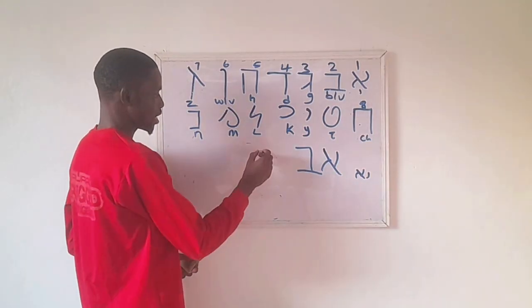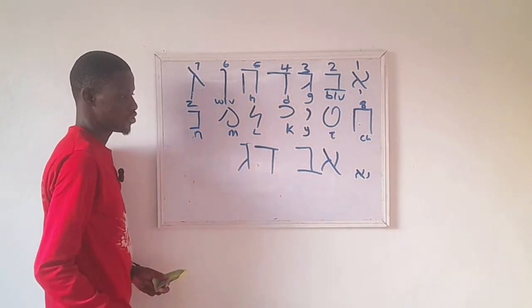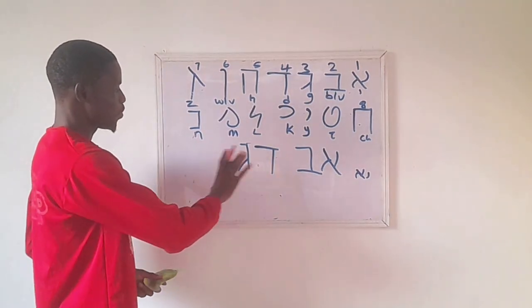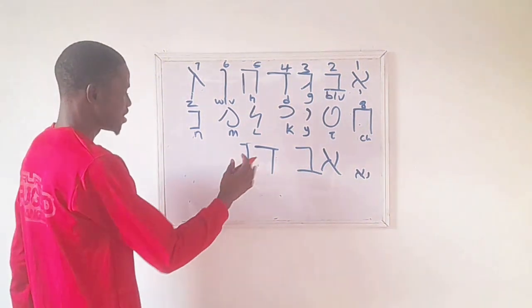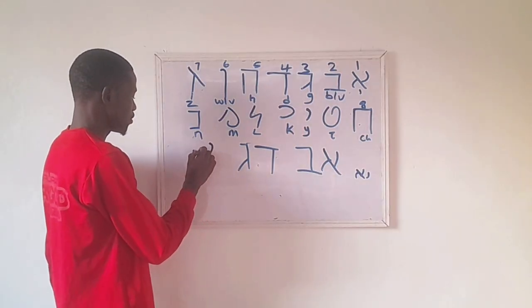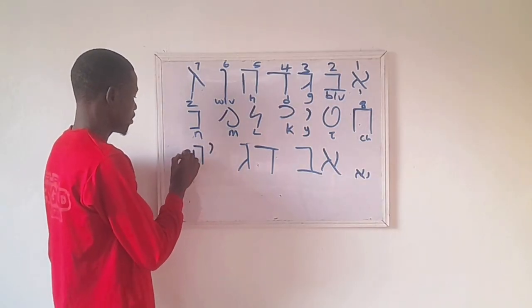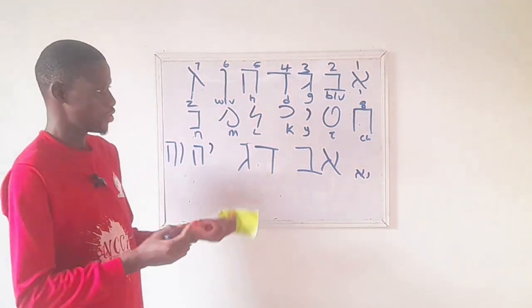We have learned Dag, which is fish. Without vowels, this is how you write it. When we get to vowels, I'll be adding the vowels to Dag. And we have learned Yod, He, Vav, He, Yahweh or Jehovah.